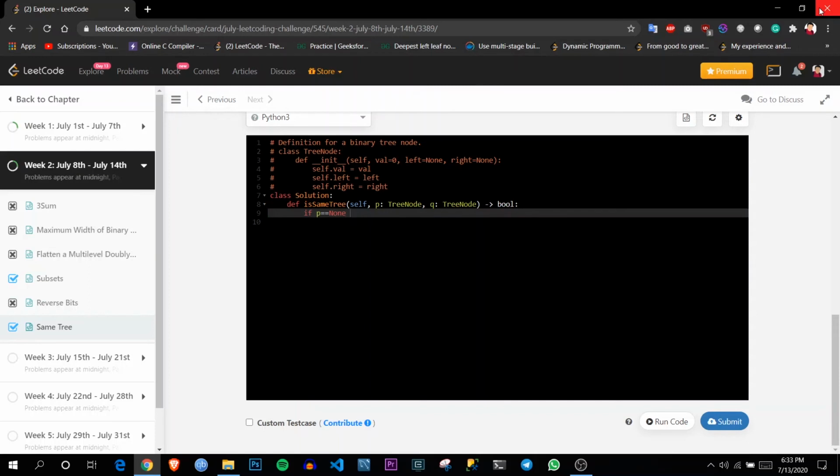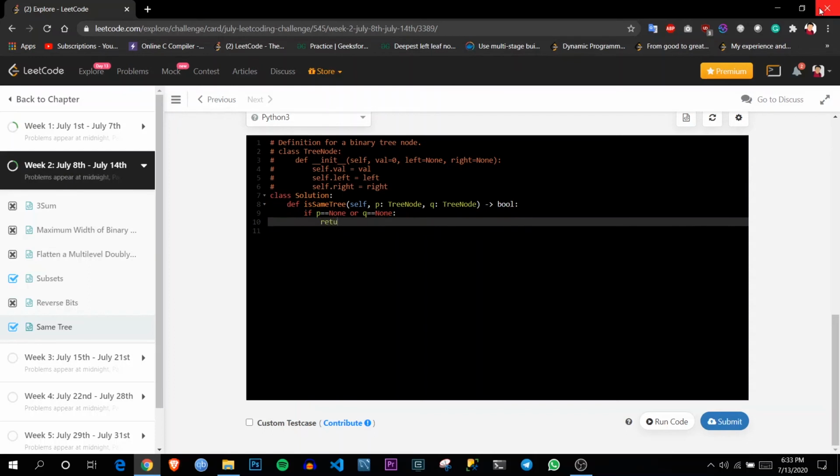So if p is none or q is equal to none, then we will check if both of them are none or null, then only it will be true. So if p is equal to none and q is equal to none. So this line basically means if both of them are none, then only returning true, or if anyone is none and another one is not none, then it will be false.